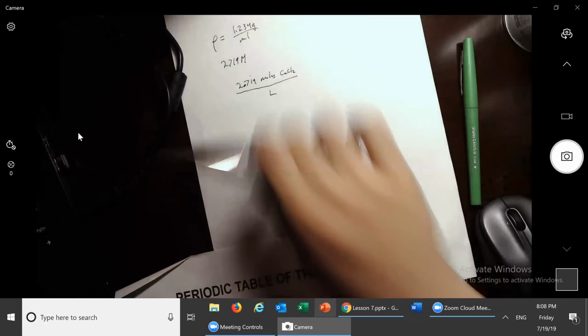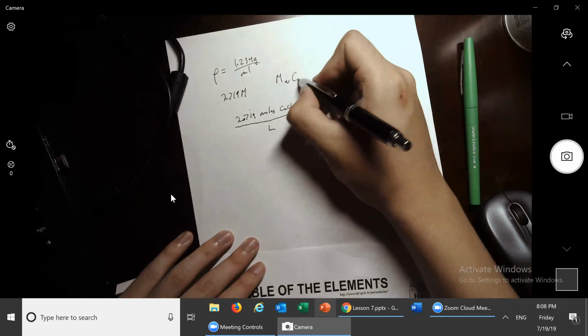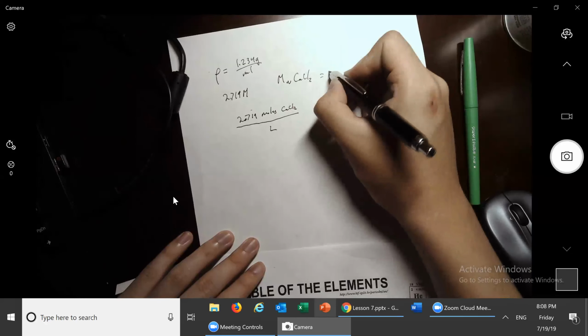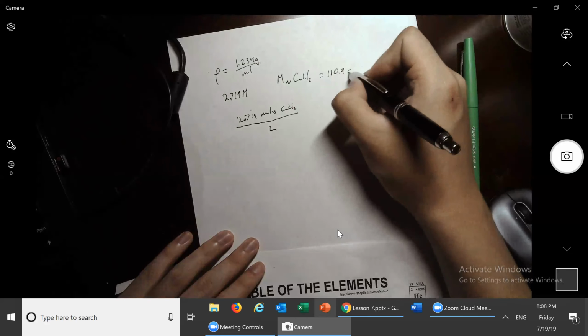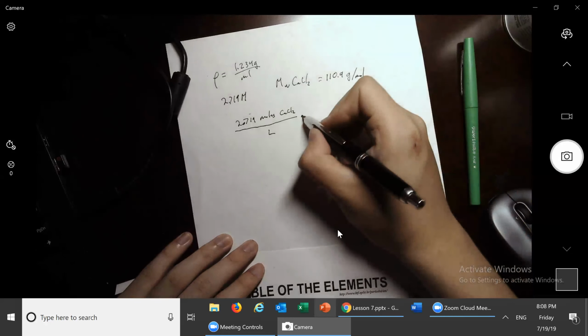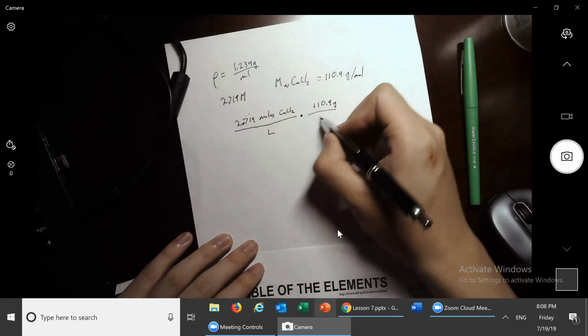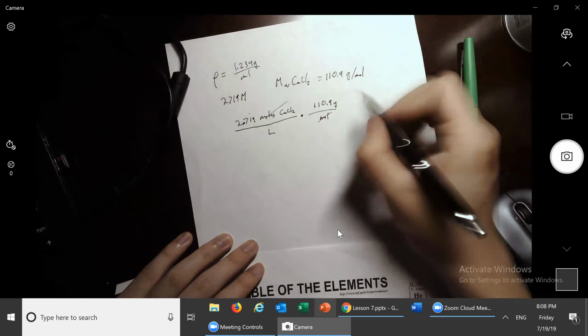Okay, so we have that the molecular weight equals, okay, so we multiply this by our conversion ratio. This cancels out.